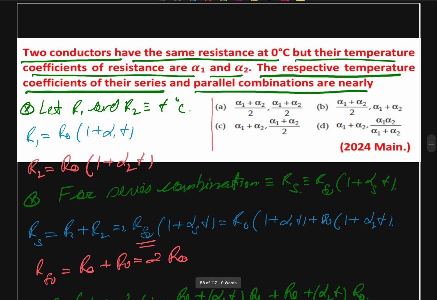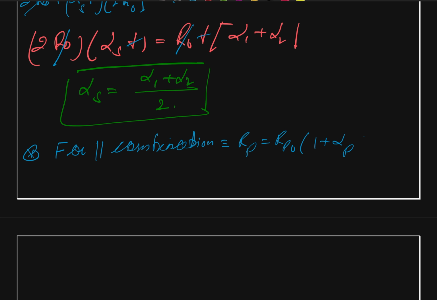Now they are connected in parallel. Same process, but we are going to do it for parallel now. For the parallel combination, let us suppose this is our Rp, and we can write this as Rp naught times (1 plus alpha p times T).